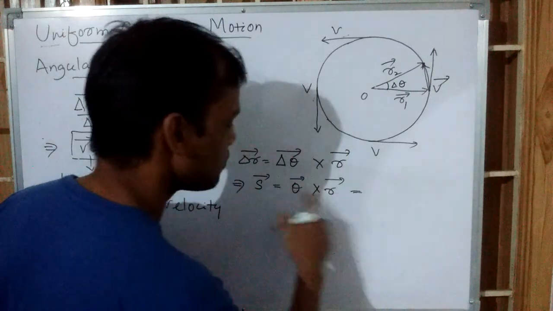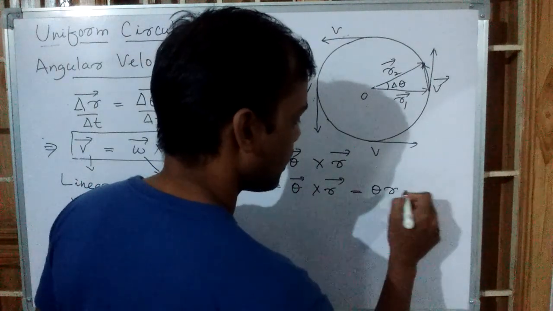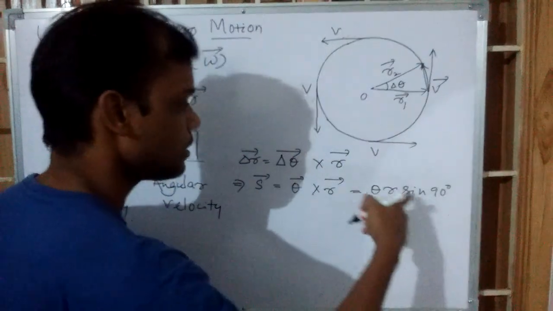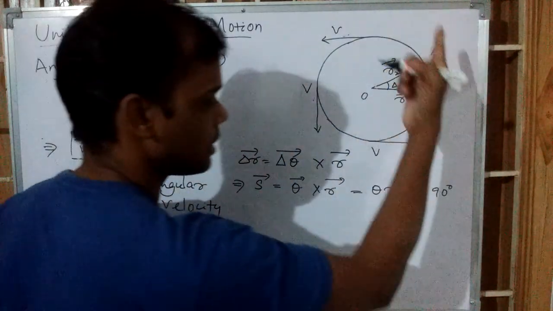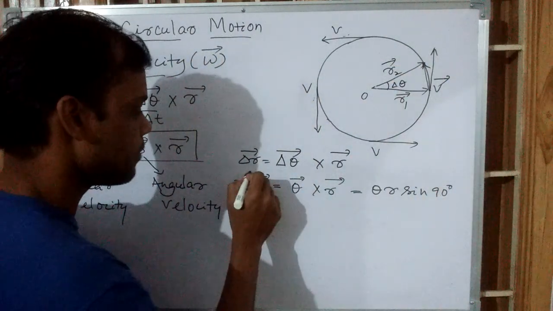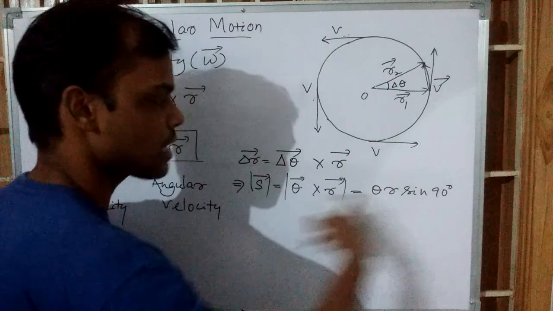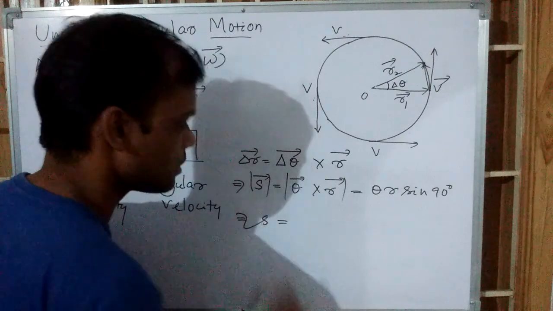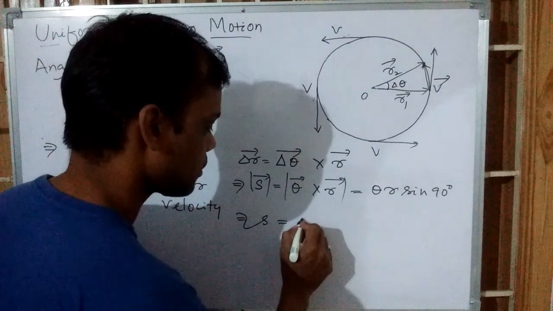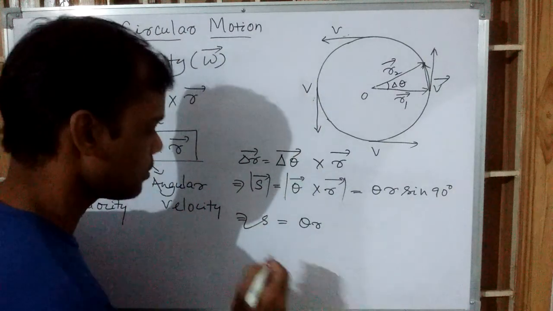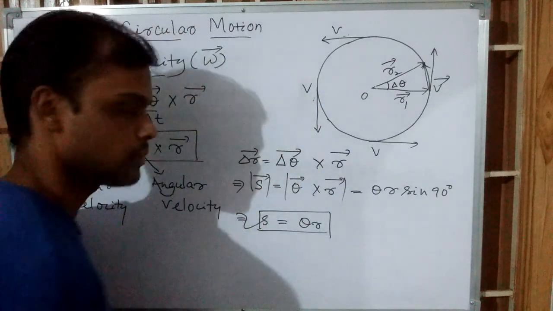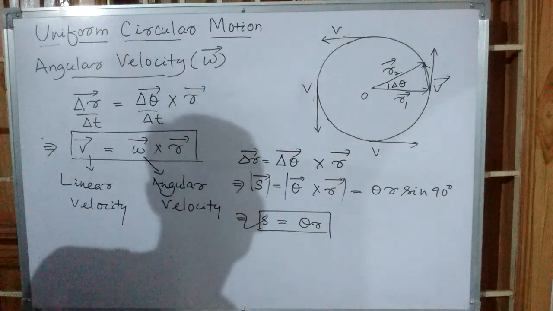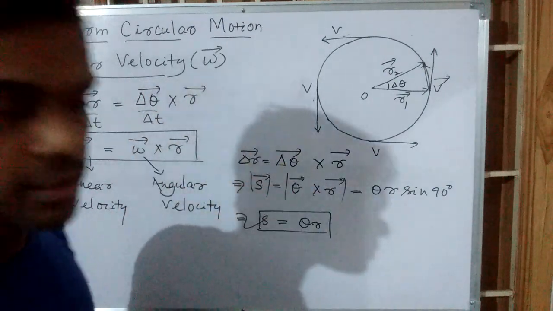The angle between them is 90 degrees, so it is theta r sine 90 degrees. The direction is along the displacement, that is in this direction. I will put the modulus sign everywhere because I am finding the magnitude. This implies s is equal to theta r sine 90, and sine 90 is 1. So this is my relationship: s is equal to theta into r. This is in terms of magnitudes.